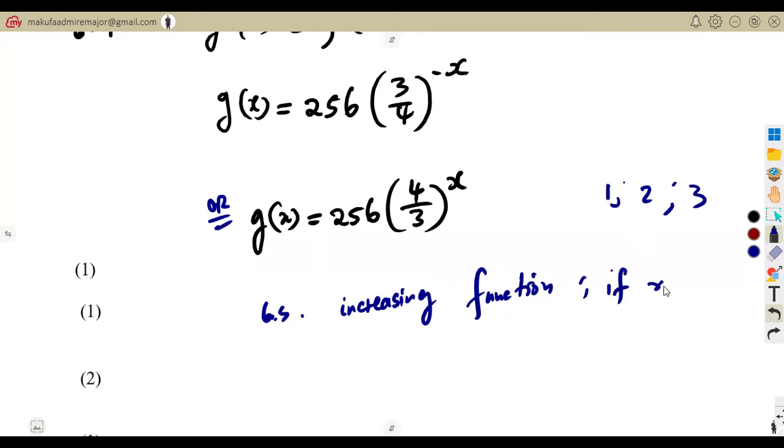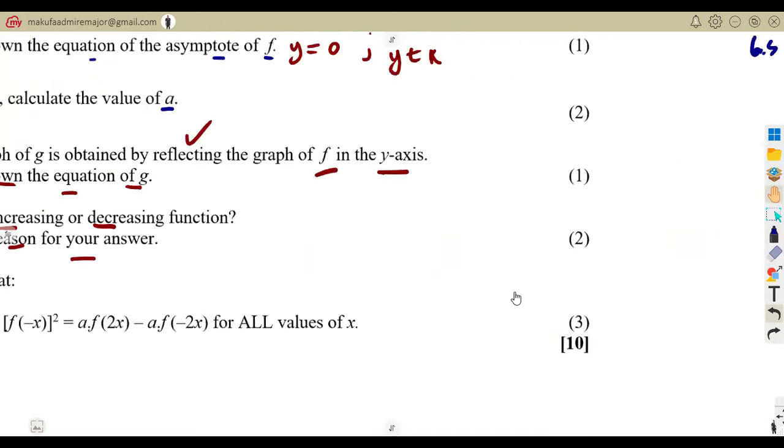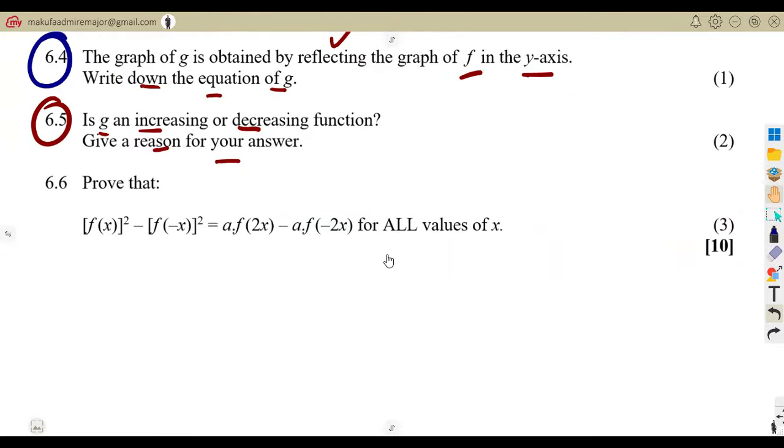If x increases, we have a condition where x increases, the g of x also increases. Remember, you're comparing the function of g as we are given there. So g of x also increases as we have this consideration. So that's the idea there. The same for all values of x.